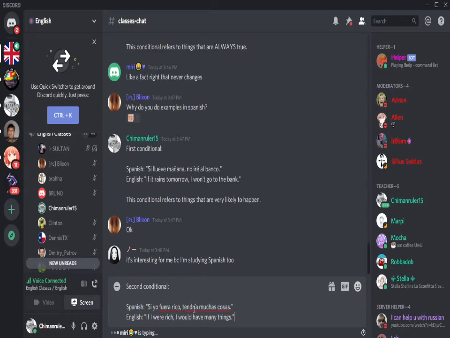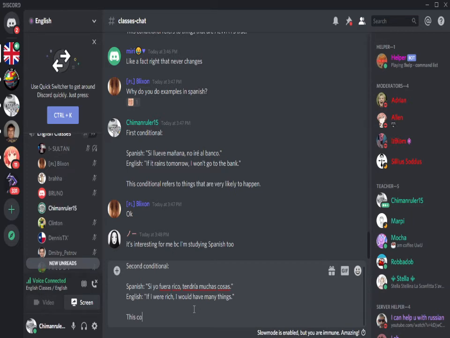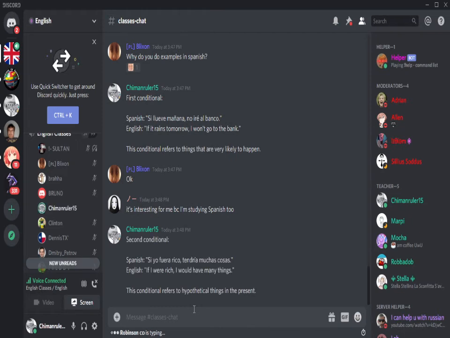And again, this conditional refers to hypothetical things in the present. In the present. Yeah, that's correct. In Spanish, you would have this sentence, and in English, you would have this sentence. Let me mention that in a bit later. But yes, this conditional refers to hypothetical things in the present. You can see the similarities here. Syntactically, these sentences are the same.